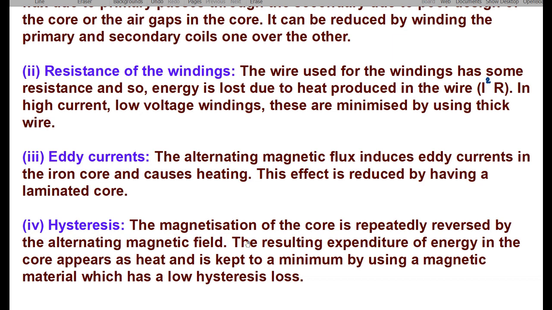The magnetization of the core is repeatedly reversed by the alternating magnetic field. The resulting expenditure of energy in the core appears as heat and is kept minimum by using a magnetic material which has low hysteresis loss.